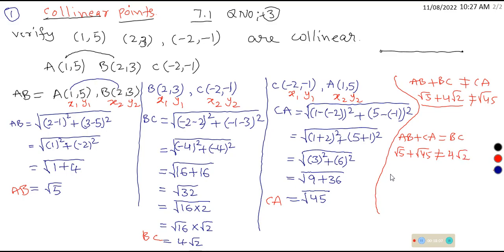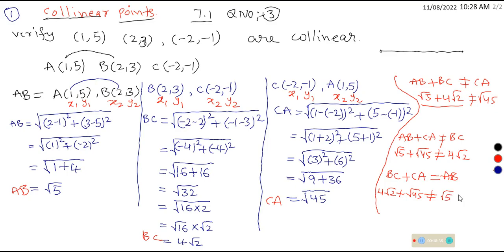Again one more choice is there: BC plus CA. Is it equal to AB? BC is 4 root 2 and CA is root 45. So, it is also not equal to root 5.